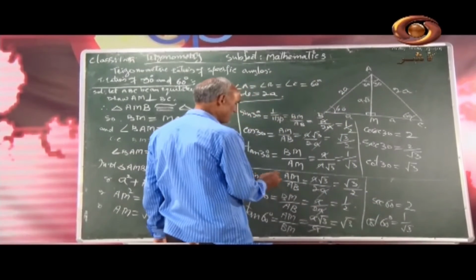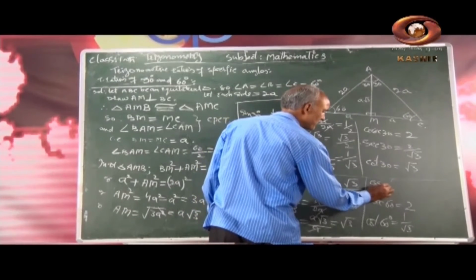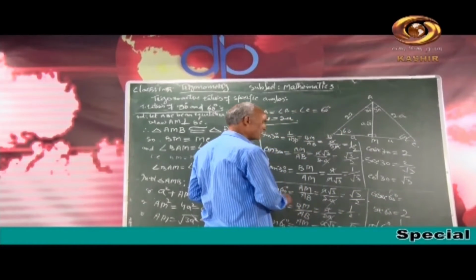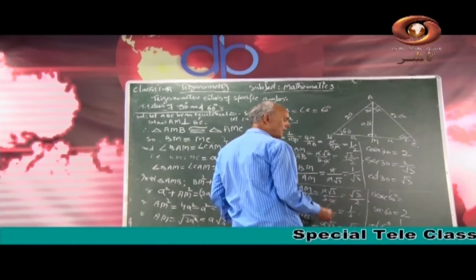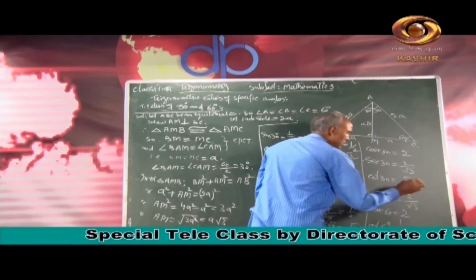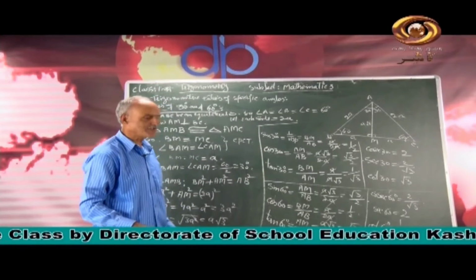And similarly the reciprocal of sin 60 is cosec 60. The value of sin 60 was root 3 by 2, so the value of the reciprocal will be 2 by under root 3. So these are the T ratios for 30 degree and 60 degree.